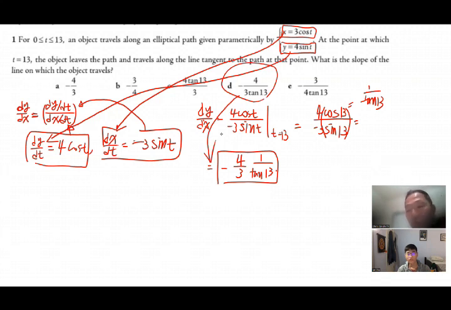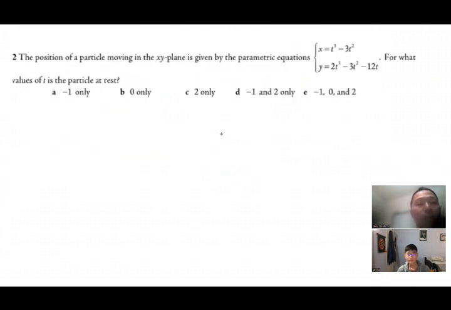Okay, that's pretty straightforward. Do you have any question? Probably not. It is an easy problem to solve. Next one, let's take a look at number 2. The position of the particle moving in the xy plane is given by the parametric equations x equals t cubed minus 3t squared, y equals 2t cubed minus 3t squared minus 12t.